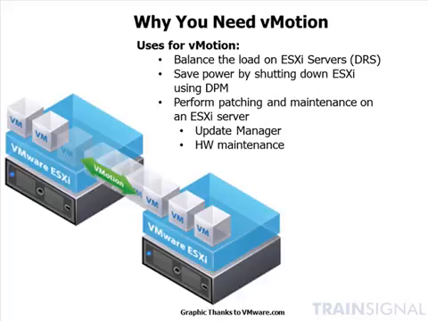In fact, this is done with VMware's Update Manager, or VUM as they call it, whenever you perform an automated patching operation across multiple ESXi servers. No matter what your use case, vMotion is one of the most powerful features of vSphere because it keeps servers and those applications up and running for the end users so that you can do what you need to do as a VMware administrator without causing downtime for the end users.